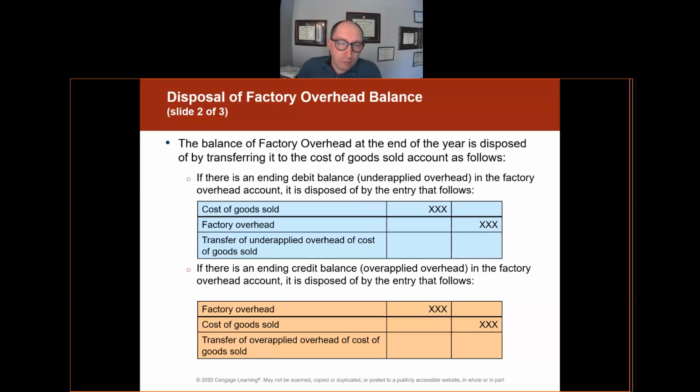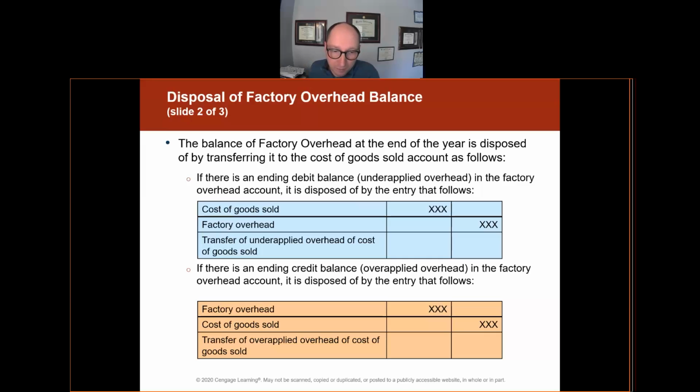So when there's under application, to fix it at the end of the year, we debit cost of goods sold and we credit factory overhead. That'll fix it, right? And if we over apply factory overhead, we debit factory overhead, that reduces it, and we credit cost of goods sold, that increases cost of goods sold.